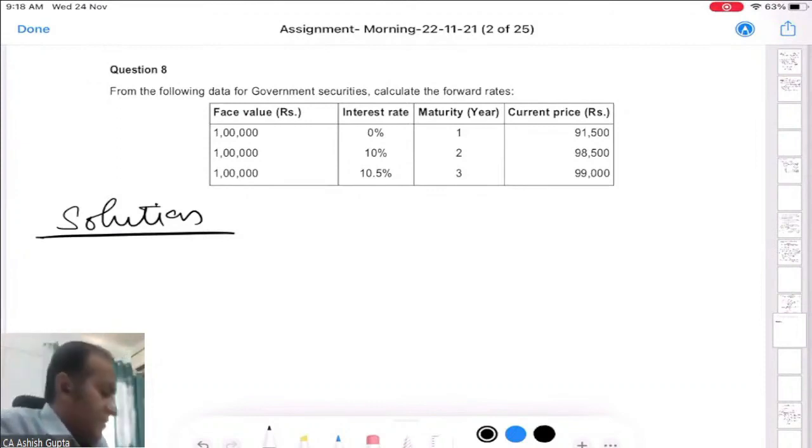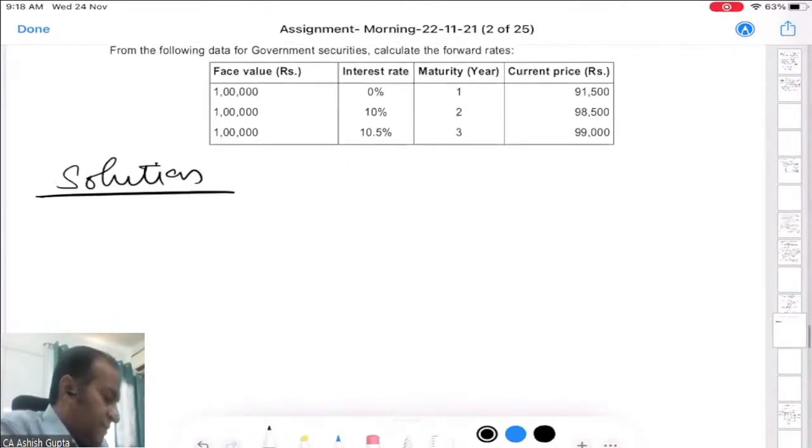The question says the following data for the government securities, calculate the forward rate. Here we have been given the face value, no interest payment, and 1 year maturity period. So it means it is a zero coupon bond.